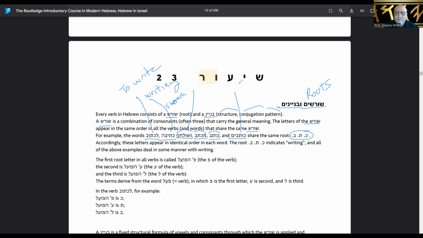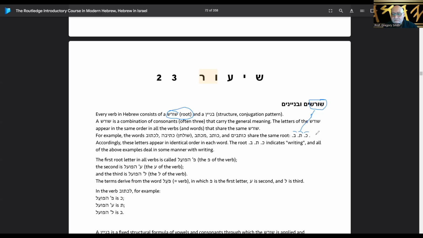It's plural masculine. They are writing. They all share the same root as this: chaf, tav, vet, katav. So this really is a shoresh. This right here is a shoresh. Shoresh, root. That's what that is right there, katav.